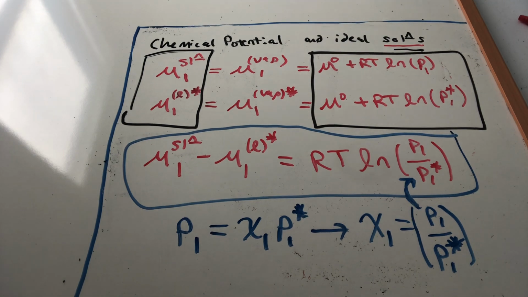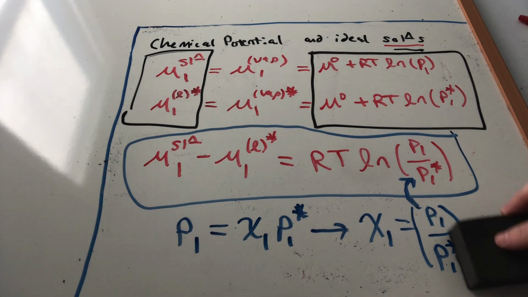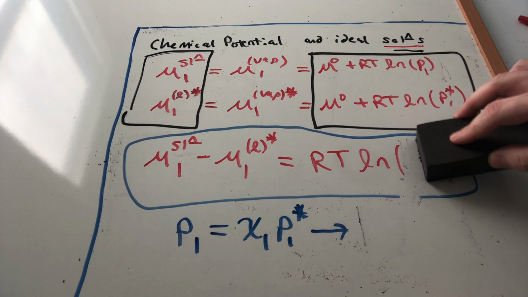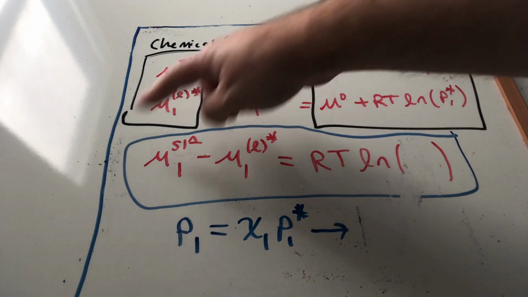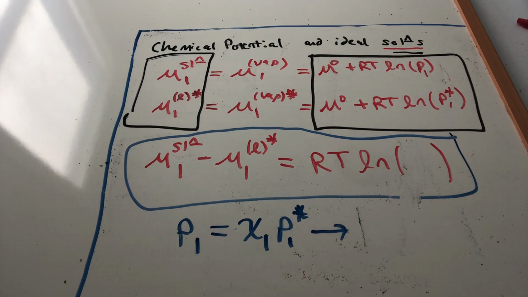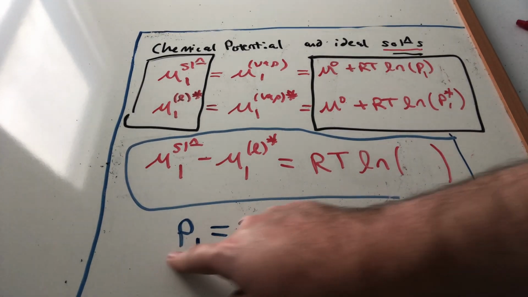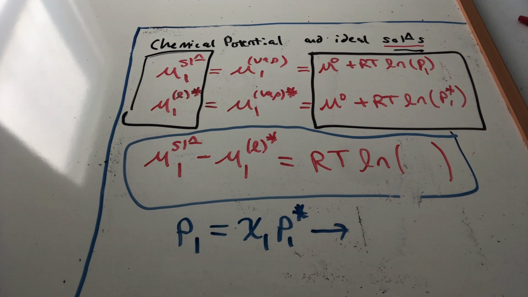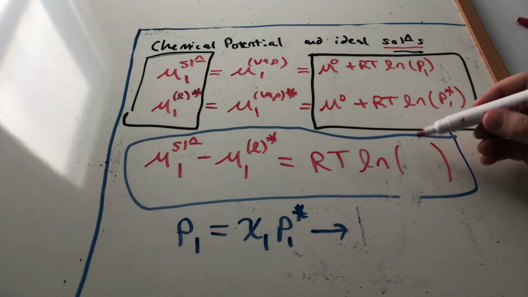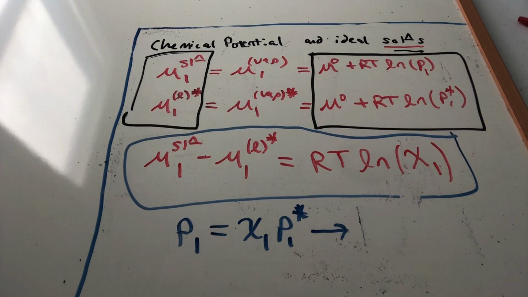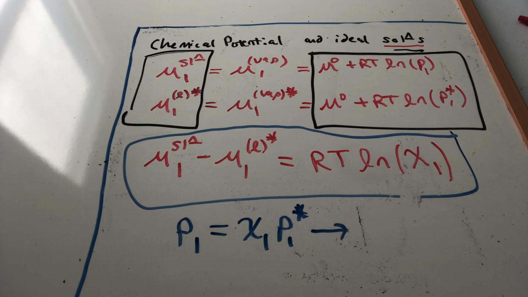So this equation for ideal solutions ends up being, compared to the equation we had in the blue box before, which is just a true equation that works for any vapor pressures, but if the vapor pressures are ideal, it becomes RT natural log of chi1 on the right-hand side.